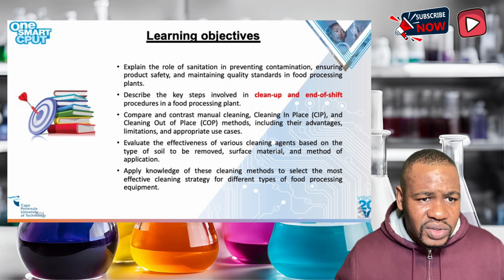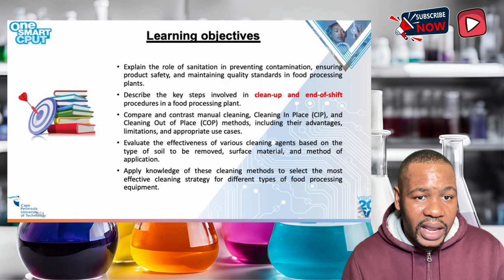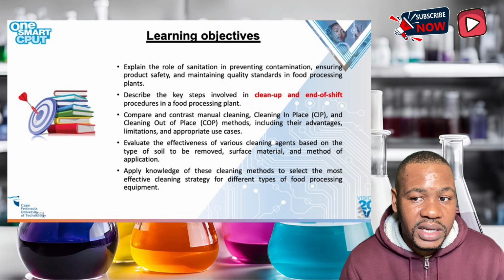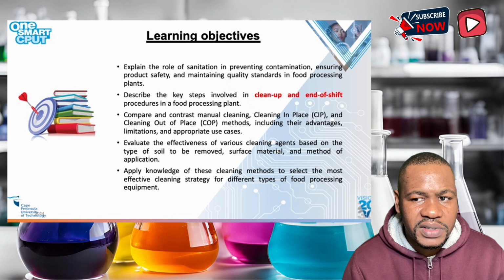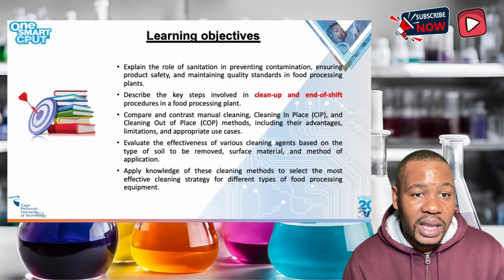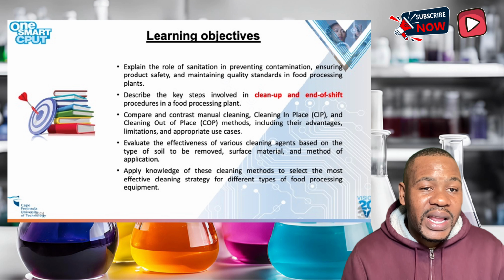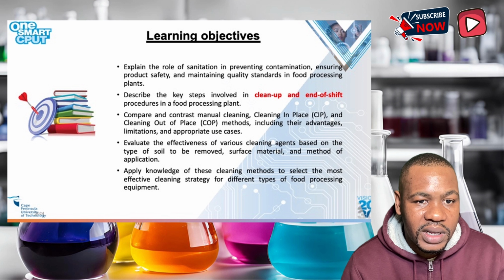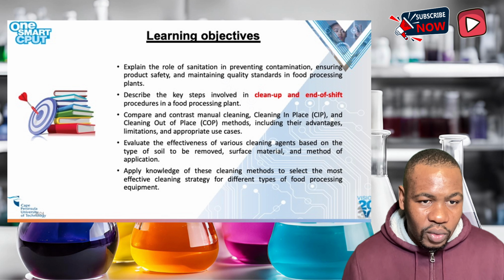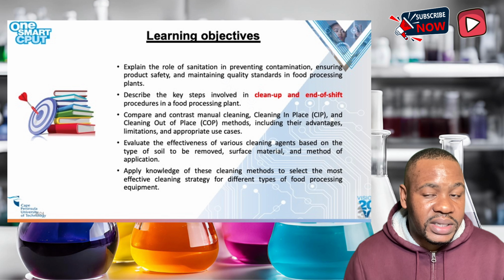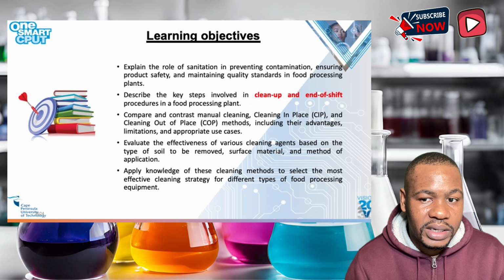But again, you as students amongst yourselves at the end of this chapter should be able to discuss the impact of sanitation on consumer safety, on product quality, and even to the extent where we can look at brand reputation. What happens if the correct things are not being done at an industry level? So we are going to analyze and apply the principle of equipment design and construction in this chapter.